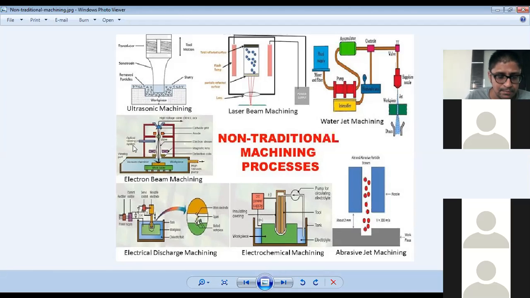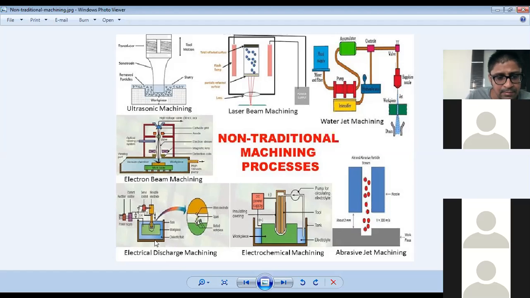Now the advantage. You can always compare this process. As a mechanical engineer, we must know in which cases we should go for a particular process. So ultrasonic machining is best suitable when we talk about the variety of materials, whether metallic or non-metallic, doesn't matter.